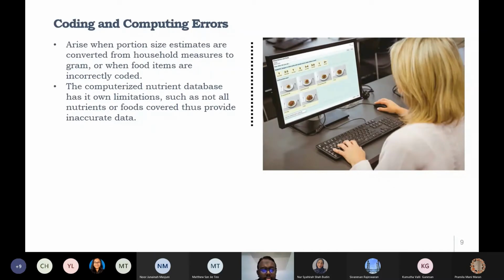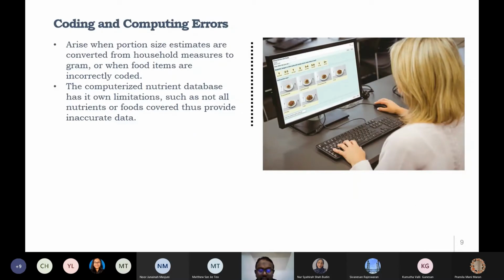These might happen when we transfer the portion sizes reported by the respondent into household measures to gram of intake. Okay, so this happens when we incorrectly code the foods in our record. The computerized nutrient database has its own limitations, such as not all nutrients or foods being covered in the database. Therefore, it provides inaccurate data.